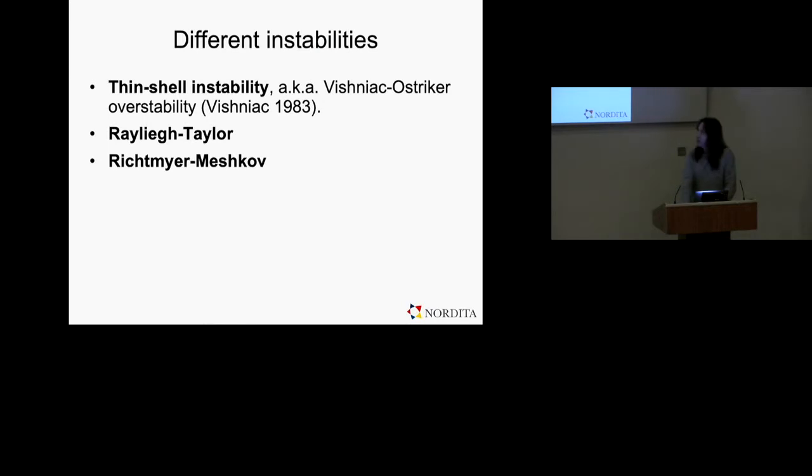When we talk about instabilities, there are basically three that dominate here. One is the thin shell instability, also known as the Vishniac-Ostriker overstability, which I think is a better name for it. There's the Rayleigh-Taylor instability that you all know about, and then there's possibly a third one, and we're not sure about this yet, called the Richtmyer-Meshkov instability, which might occur in this case.